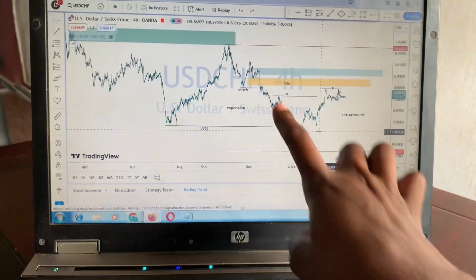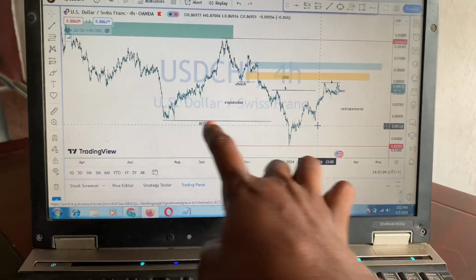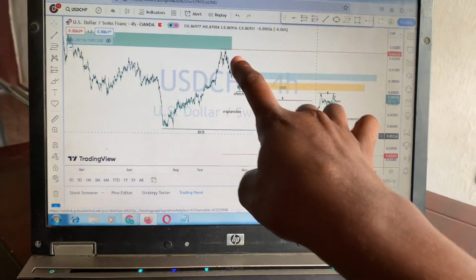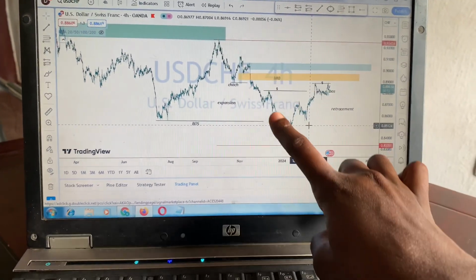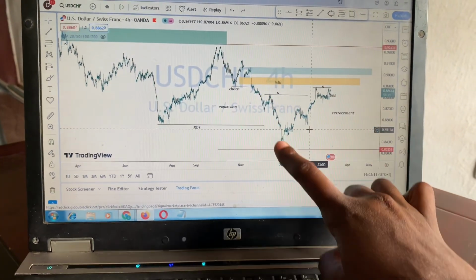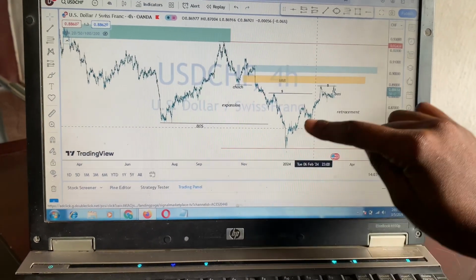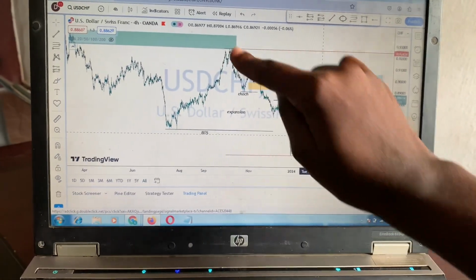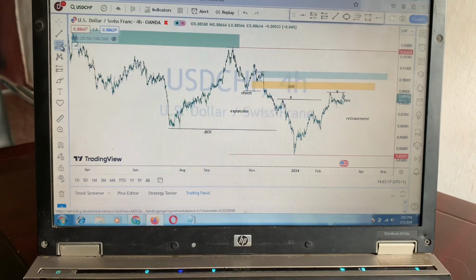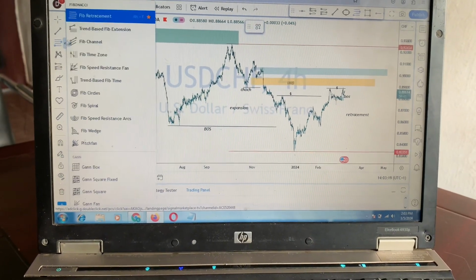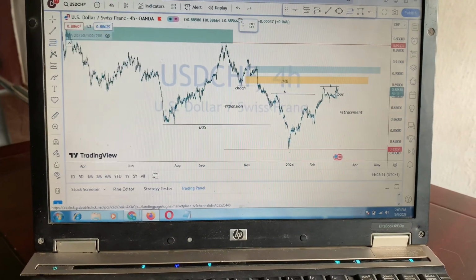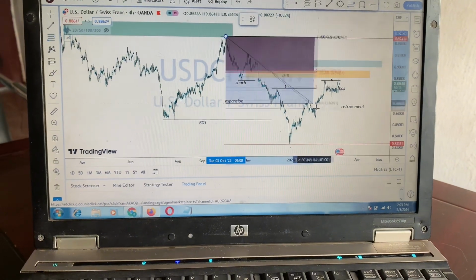You see we had an expansion that broke structure, which is this BOS here, and then inside this expansion, these are internal structures. This movement here, they are all internal structures, and now price has to retrace back to at least the 50% of this range. Let's use our Fibonacci retracement to check if price is currently at 50% already.